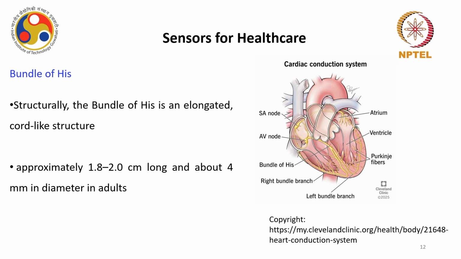If you see this bundle of His, structurally it looks like an elongated cord-like system which has an approximate length of about 1.8 to around 2 centimeter and about 4 mm in diameter, if you talk about adults.